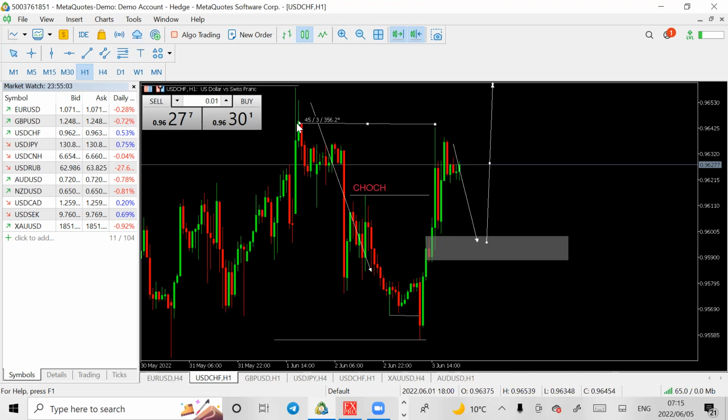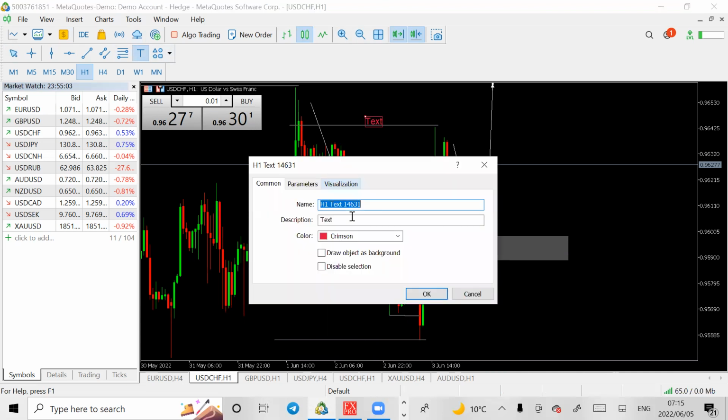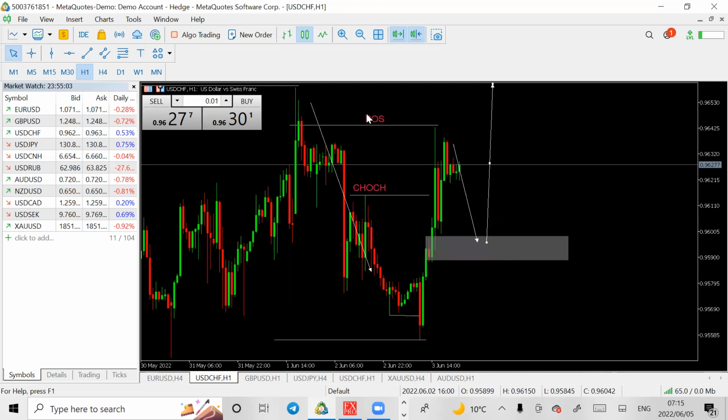And name it, and you have to mark it because it's going to help you when you're coming to make an approach for the entry. So this is a break of structure I'm marking. So wherever you see a break of structure, expect the RTO, a return to order block.